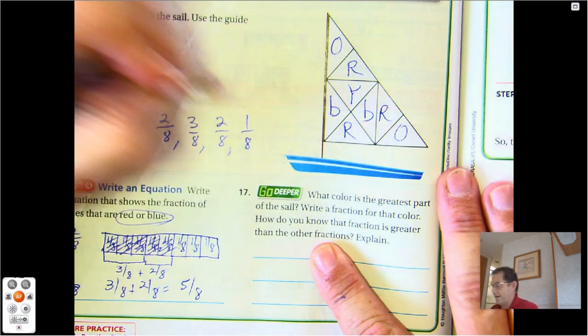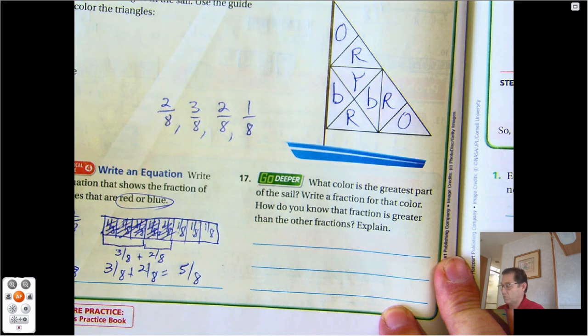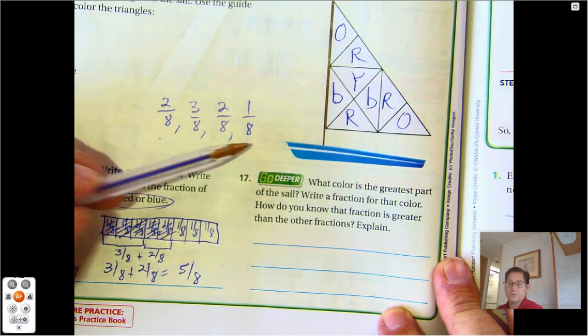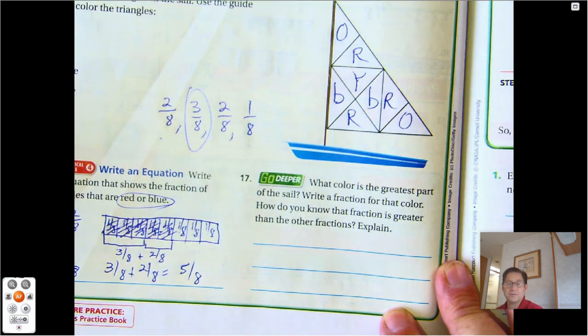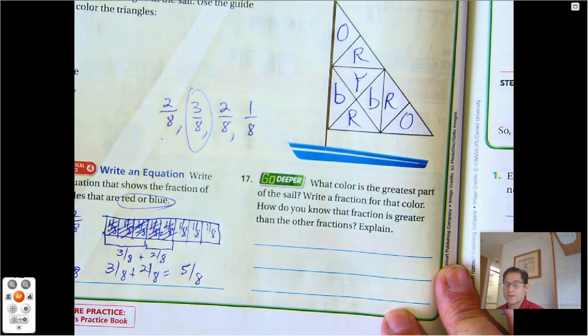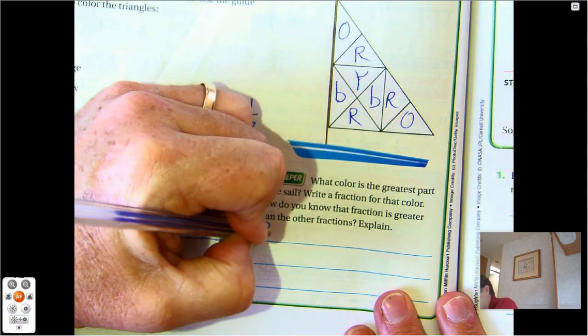Well, they're all eighths, so all I have to do is compare the number of the 8 size pieces. That one has the most pieces. So the 3/8 is red. What color is the greatest? Red is the greatest part of the sail.